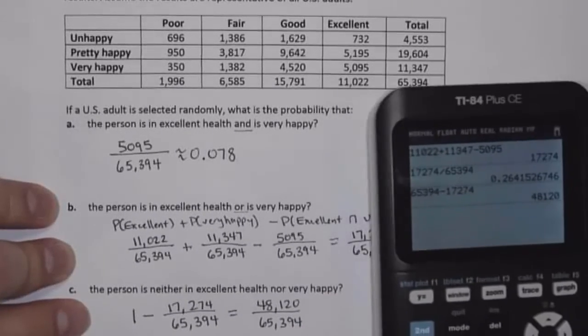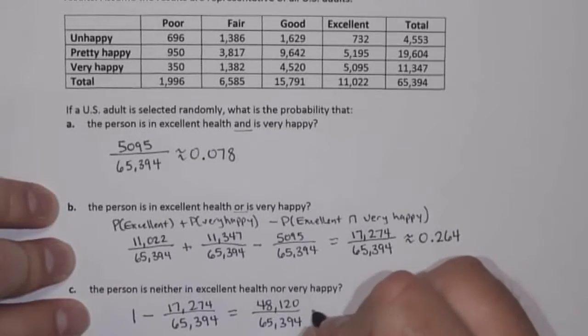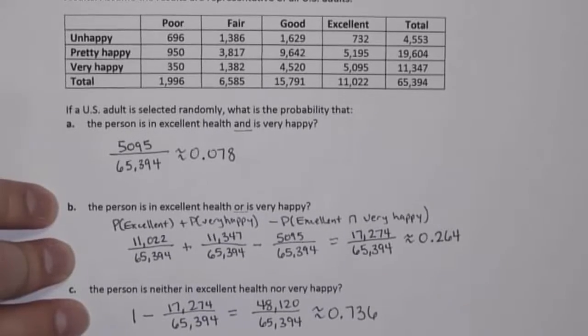65,394. So if I take 48,120 and divide by 65,394, that is approximately 0.736. Now I could have also taken 1 minus the 0.264 that we found here in order to get that 0.736.